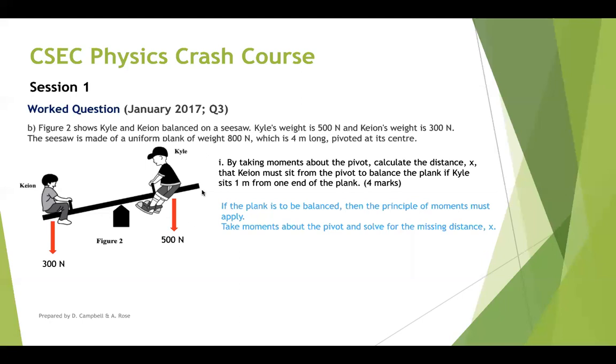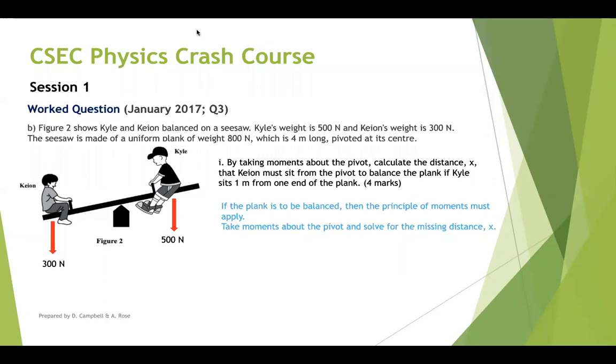Right? So bear in mind that the plank is 4 meters long and it is pivoted at the center. All right. So Kyle is applying a clockwise moment to the plank. So if you want to determine his distance, you have to bear in mind that the distance that you use must be from the pivot and not from the end of the plank.